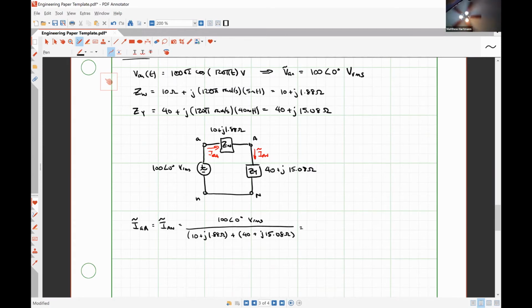And I get this to be 1.894 with an angle of negative 18.742 degrees amps RMS.